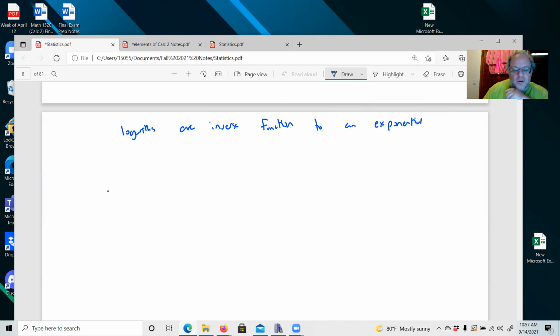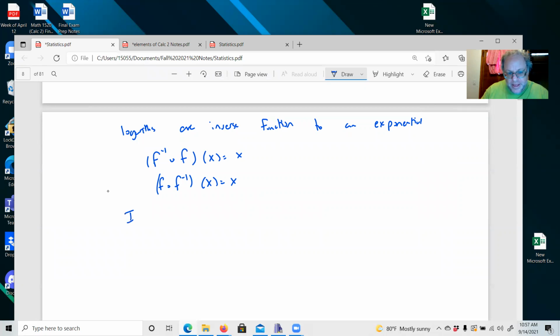If you remember what inverse functions do, f inverse of f of x gives you back the original, and f of f inverse of x goes back to the original. So if you want to undo an exponential, you apply a logarithm. If you want to undo a logarithm, you apply an exponential.